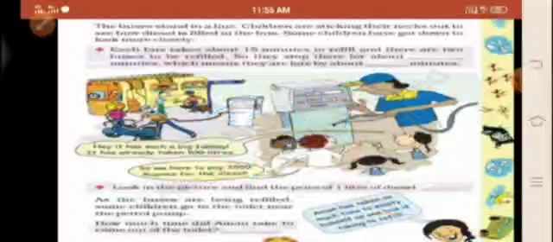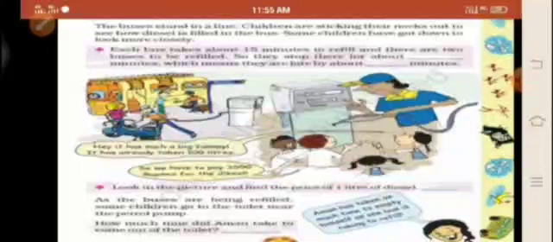Next question is, how much time did Aman take to come out of the toilet? Now here something is written. As the buses are being refilled, some children go to the toilet near the petrol pump. So the question is, how much time did Aman take to come out of the toilet?